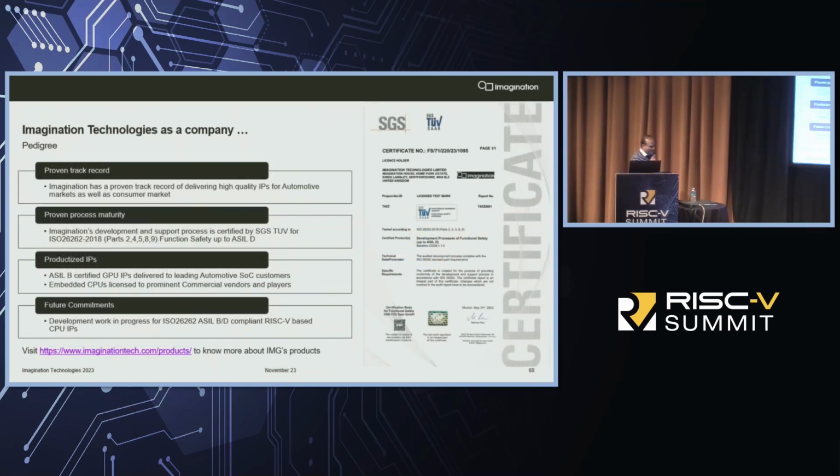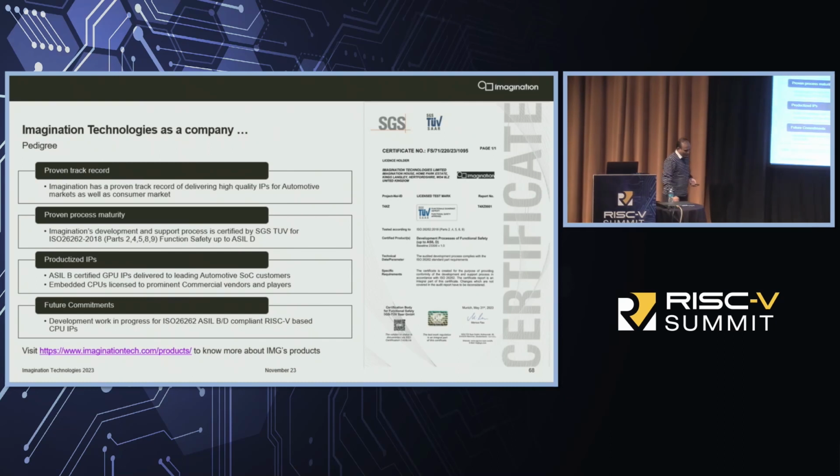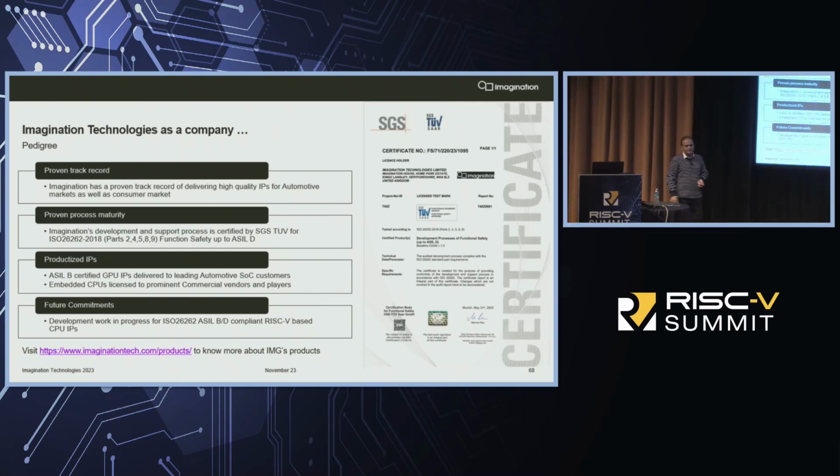What gives us the credibility to talk about this topic here from Imagination is that Imagination already has a proven track record of delivering high quality IPs for automotive markets as well as the consumer market. Many people may know that Imagination Technologies is quite known for its GPUs.